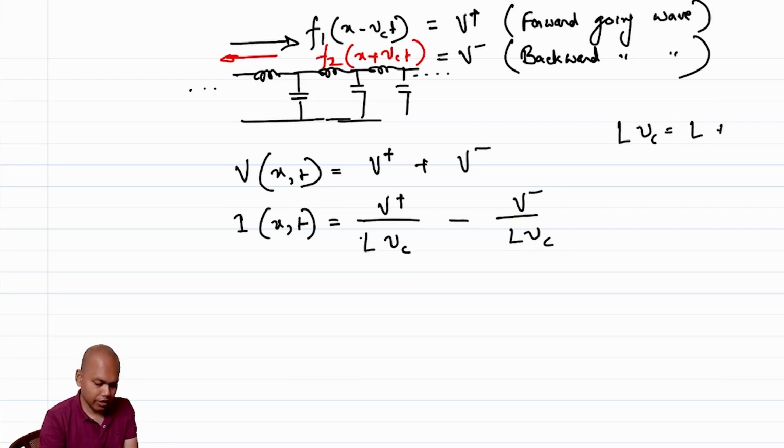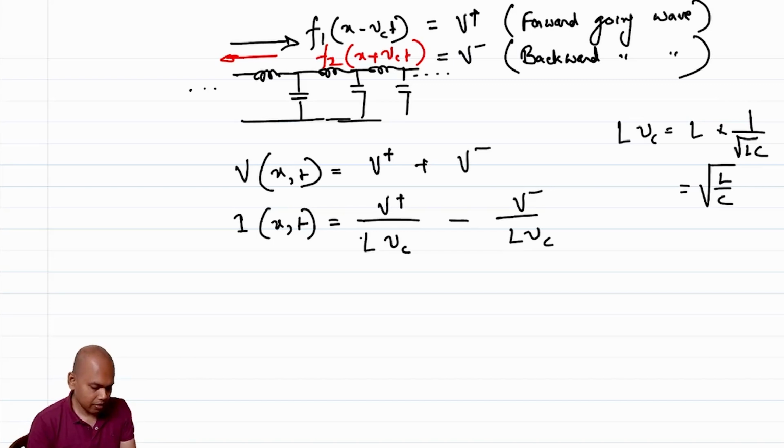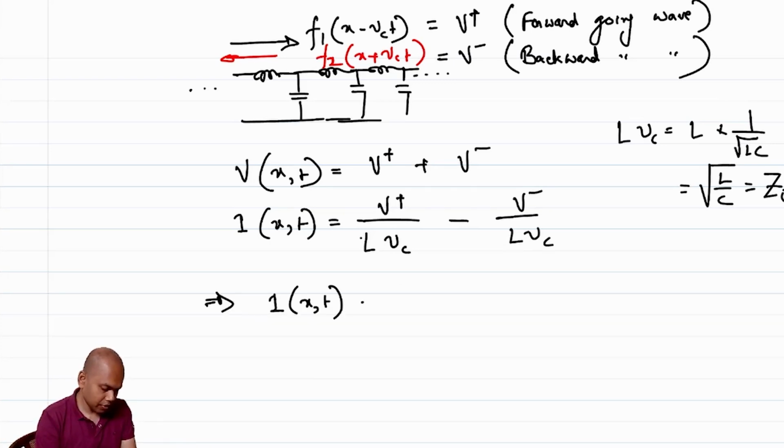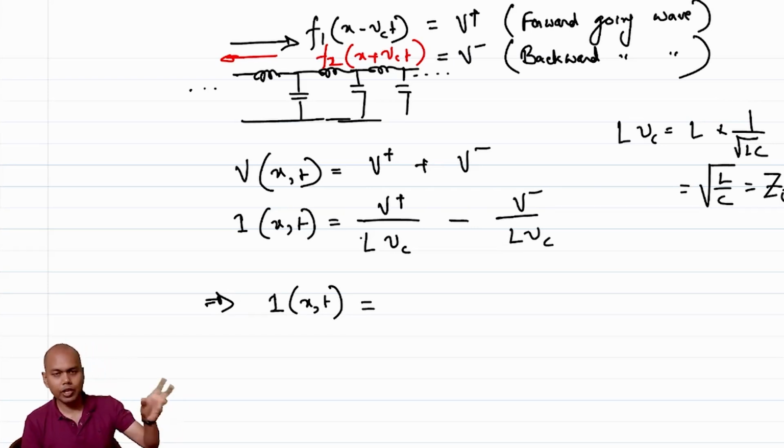This is L times 1 by square root of LC, that is square root of L by C, which unsurprisingly has a unit of impedance, and we call this the characteristic impedance. I am sure you have heard of this term before, which is a property of the line because it's basically the ratio of the unit inductance and the unit capacitance.